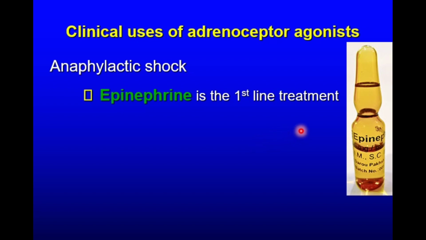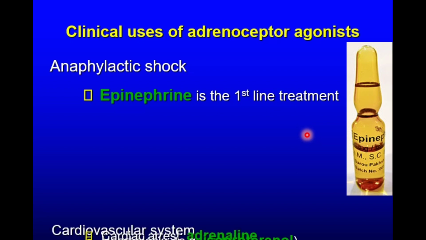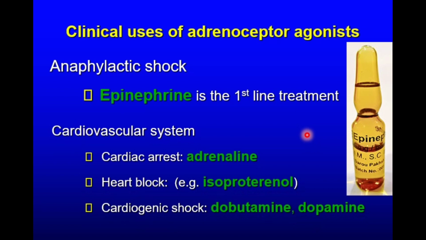Notice that adrenaline can increase heart automaticity. Therefore, it can cause cardiac dysrhythmia. Having said that, a high dose of adrenaline might be used in cardiac arrest.